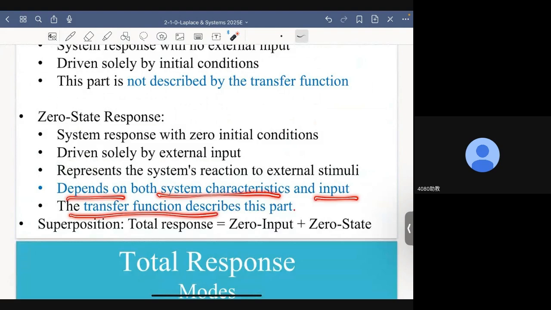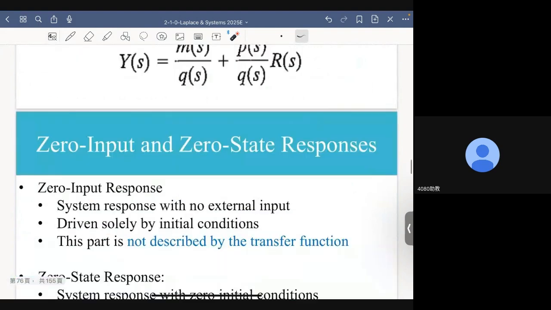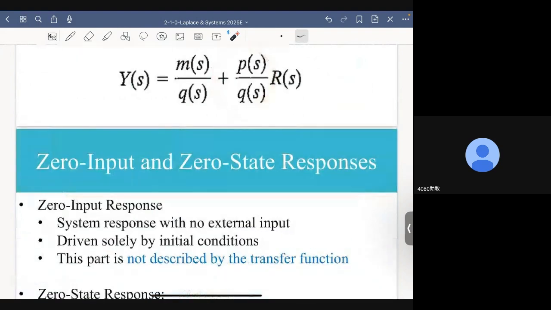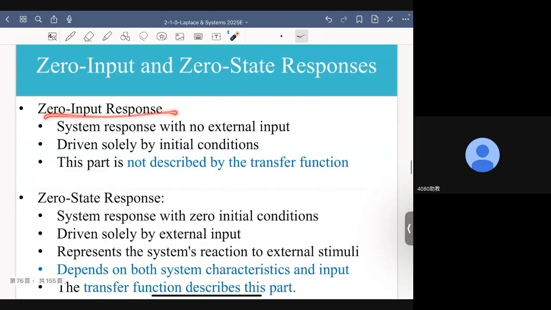The transfer function describes this part, okay? Transfer function is responsible for zero state response, and transfer function at the same time only explains the zero state response part of the output. Okay, remember output is made of two parts, zero input response and zero state response.